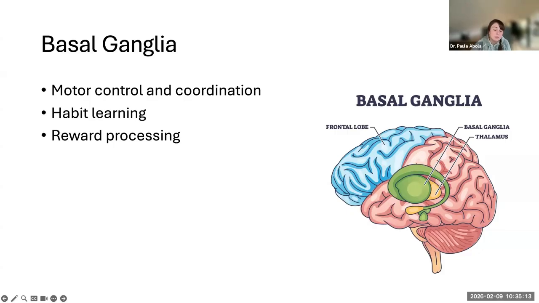Beyond the motor symptoms, basal ganglia dysfunction also contributes to cognitive and emotional changes, for example, slowed thinking, executive dysfunction, and mood disturbances. Understanding the basal ganglia is therefore essential for interpreting both the non-motor and motor features of movement disorders.